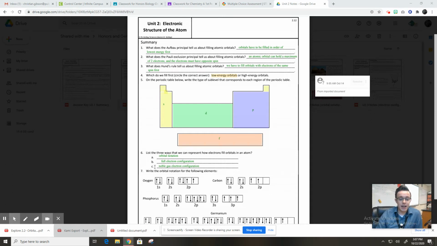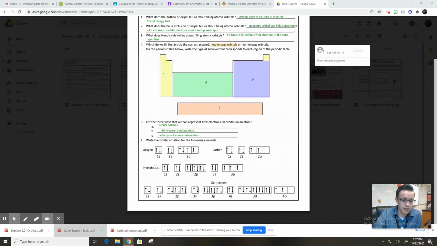And then C, you can do noble gas electron configurations, where it's abbreviated, and we use those when it's really long. We'll just write the nearest noble gas before it and then start where it would pick up after the electrons of that noble gas.